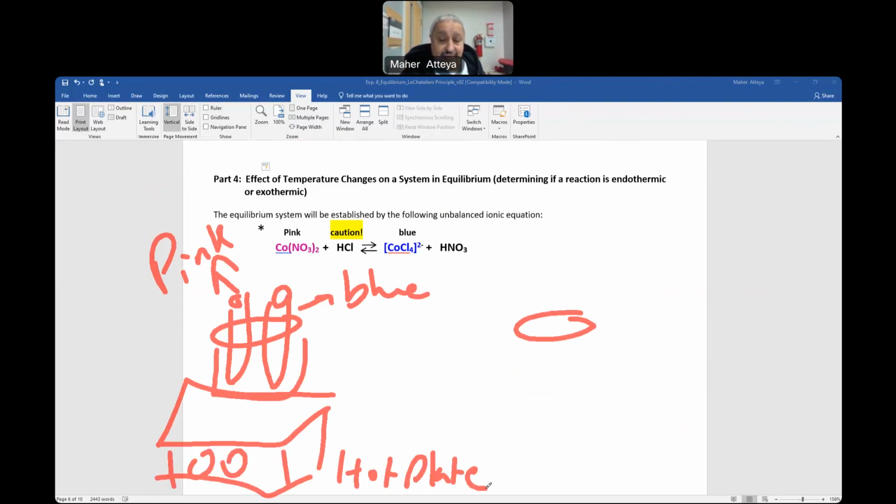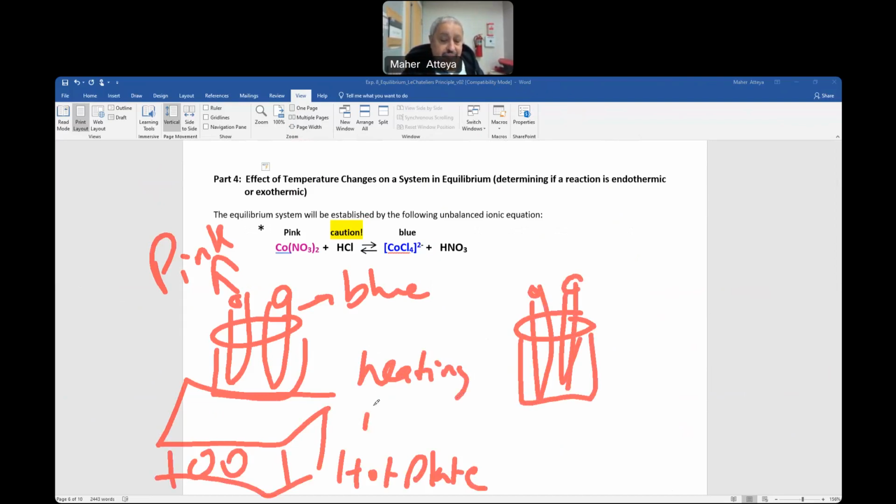And here, this is after heating. You put it in, you cool them down. So heating, no change. Heating, no change. So the blue remains blue, and the pink solution remains pink.